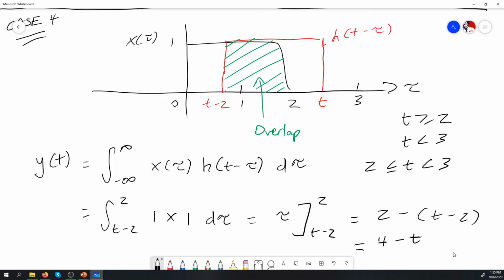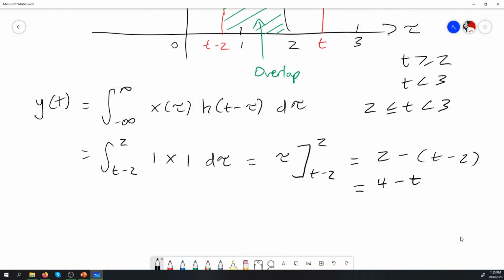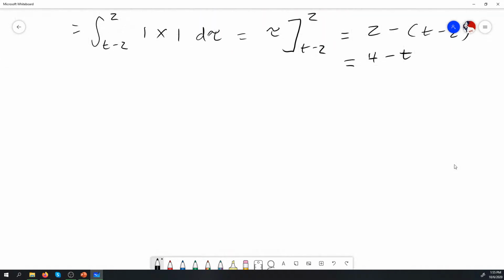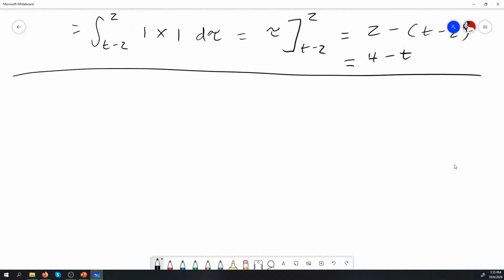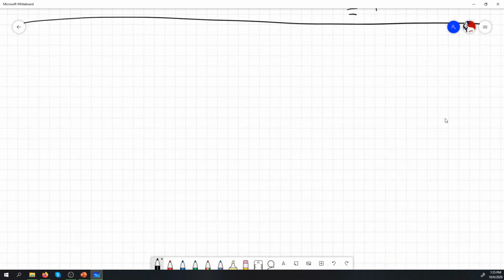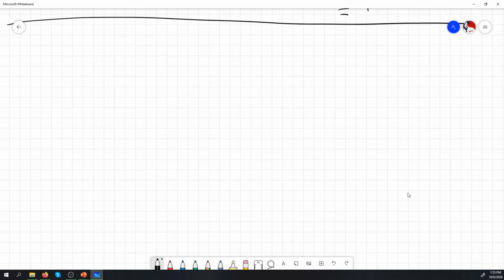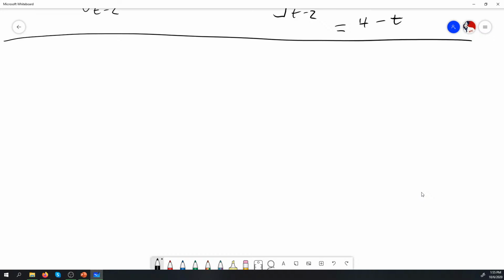Now, we have one more case to evaluate, and this is when the h of t minus tau signal has finally finished sliding across the x of tau signal. So this is going to be case 5.